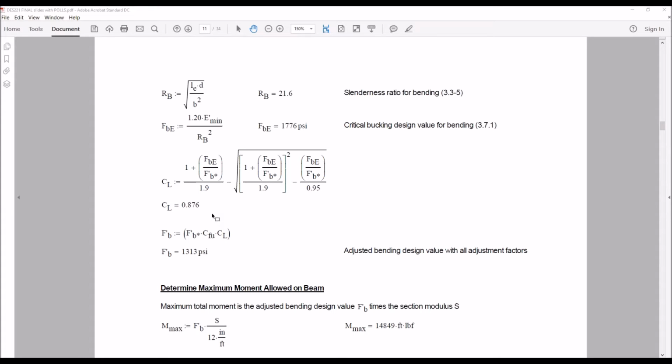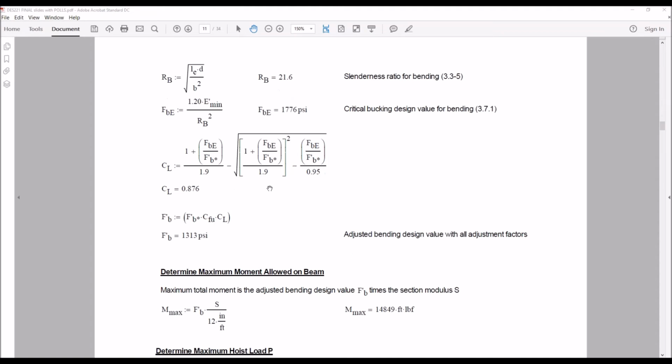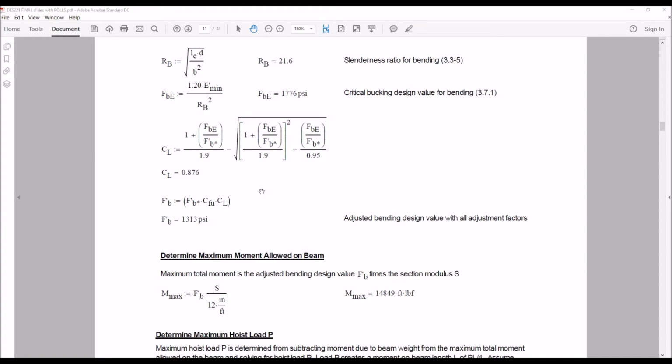C sub L for this beam is equal to 0.876.